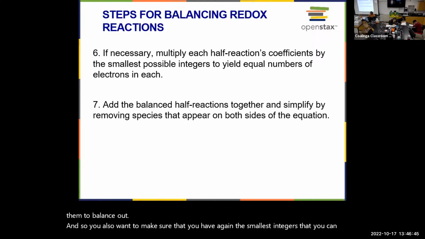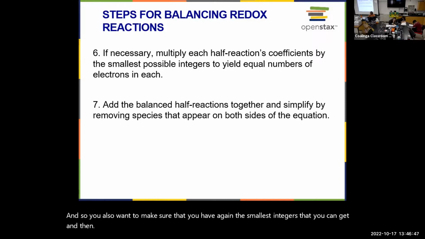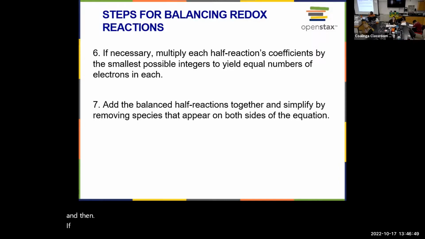And then if the redox reaction is in a basic medium, then you're going to use OH- to balance out your H+ on both sides of the reaction.